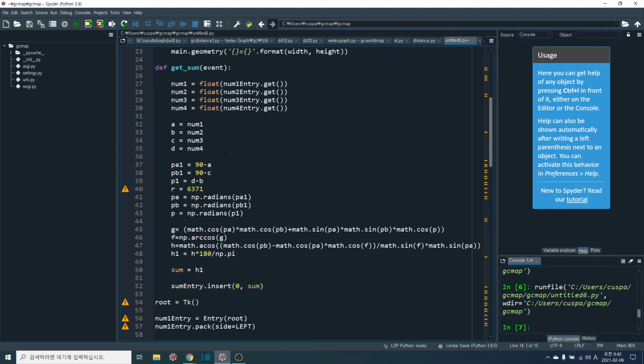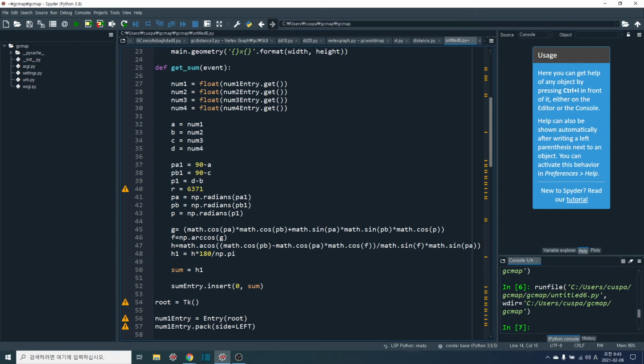So from P to A is 90 minus A, from P to B is 90 minus C, and also the angle APB is D minus B, and the Earth radius I measure is 6,371 kilometers.